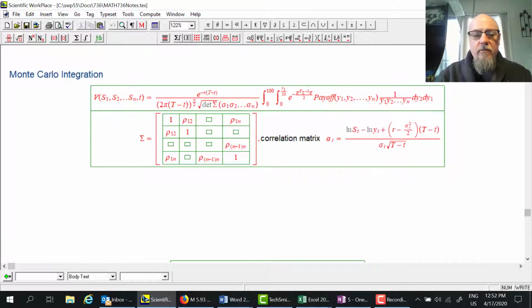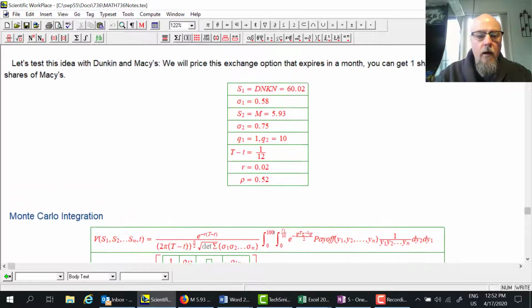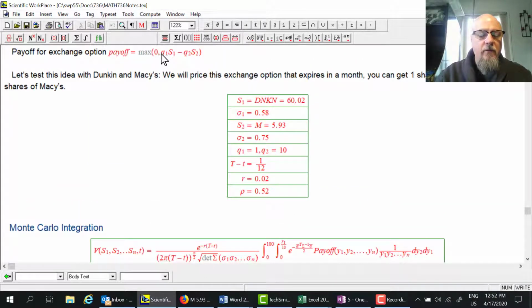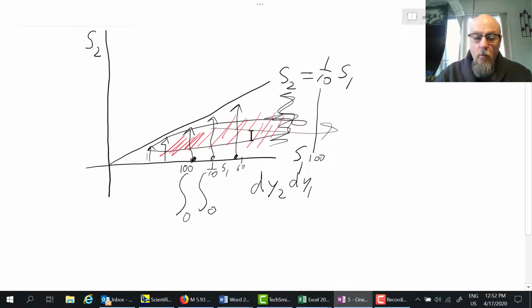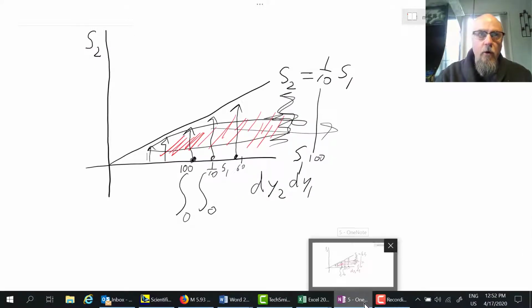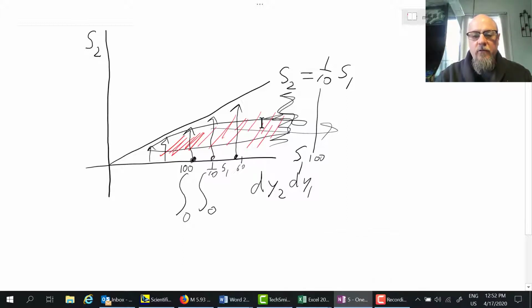The payoff is equal to the max of 0 and Q1 S1 minus Q2 S2. We're only integrating in this region where it's positive, so I'm not going to write the max of 0 and Q1 S1 minus Q2 S2. I know we're in this region, so it's Q1 S1 minus Q2 S2.